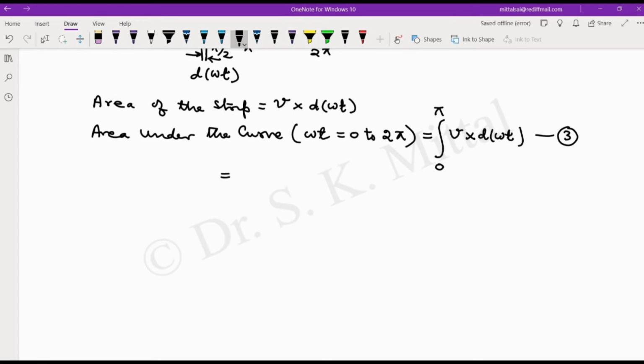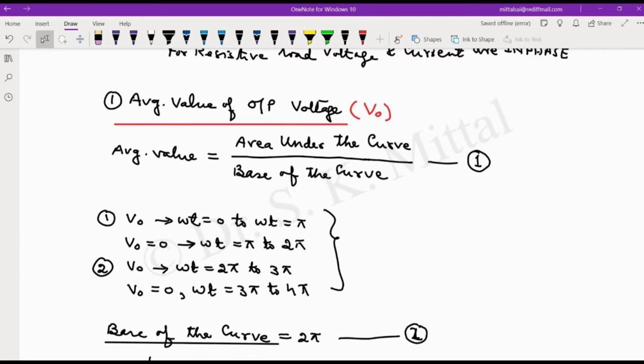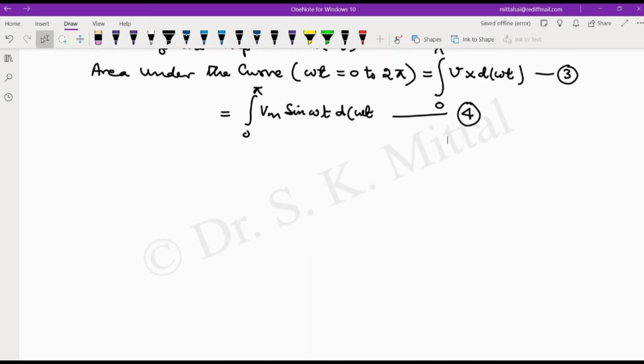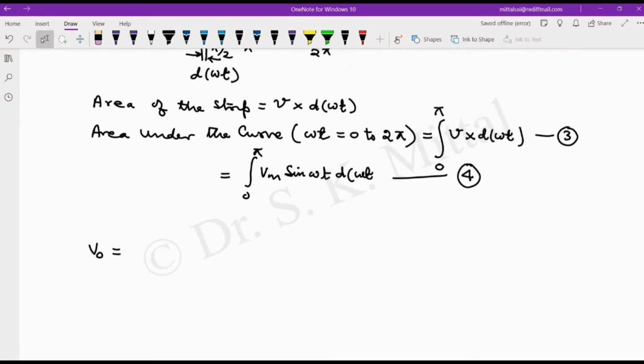Now, we know the value of v. The value of v is represented by Vm sin omega t into d omega t. So now, this will be the area under the curve. Now, if we use equation number 1, which gives the average value of any waveform, suppose we have represented the average value of output voltage as V0, equal to area under the curve, which is given by equation number 4.